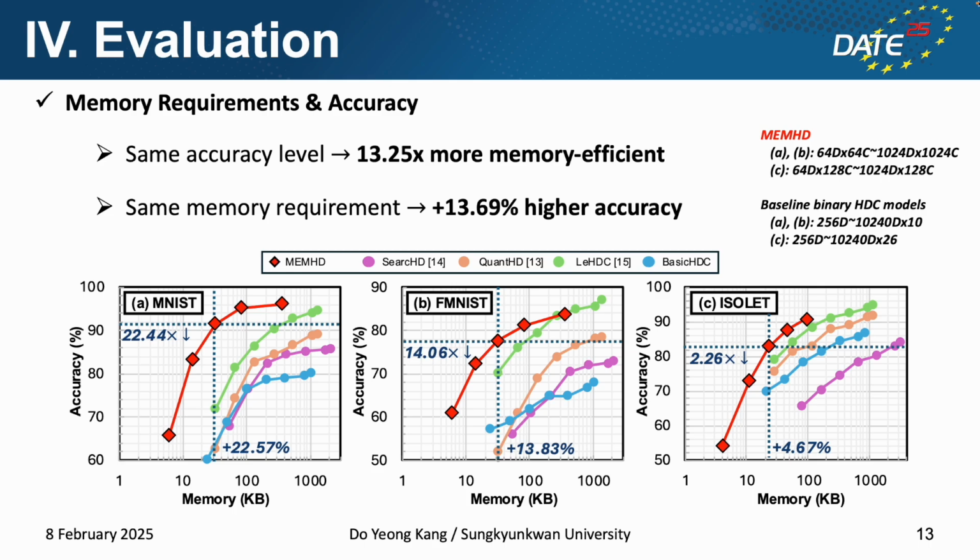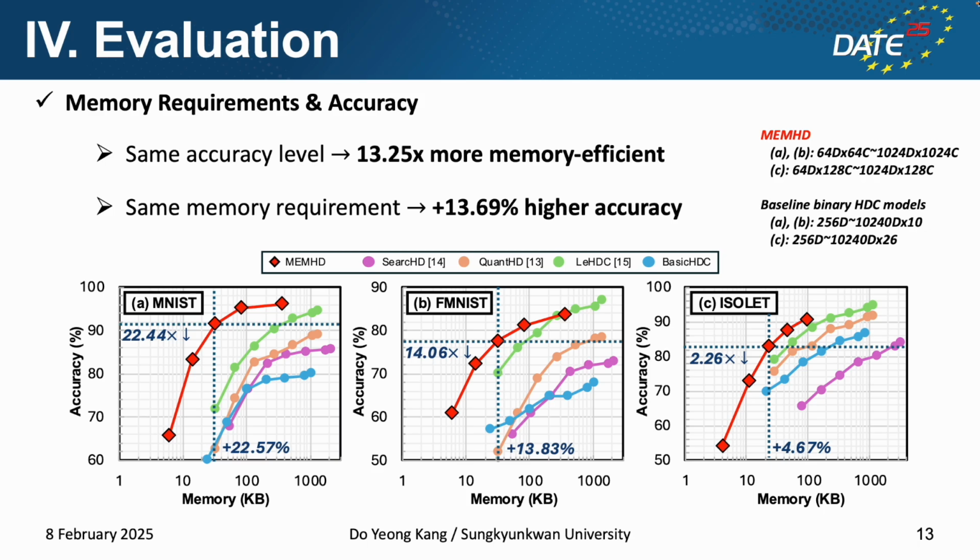In our first evaluation, we compared our approach against 4 binary HDC models: SearcHD, quantiHD, LeHDC, and basic HDC in terms of accuracy and memory footprint. For this comparison, we use 3 benchmark datasets: MNIST, Fashion MNIST, and ISOLET.